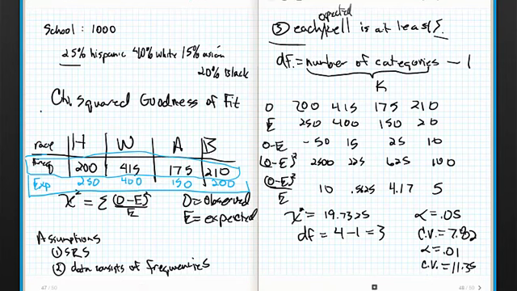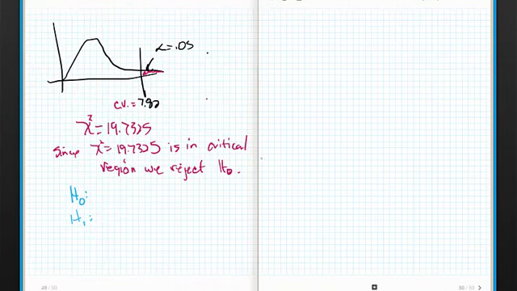So what we're really testing is whether or not, in our case, because we have 4 different races or ethnicities, the proportions are all equal.